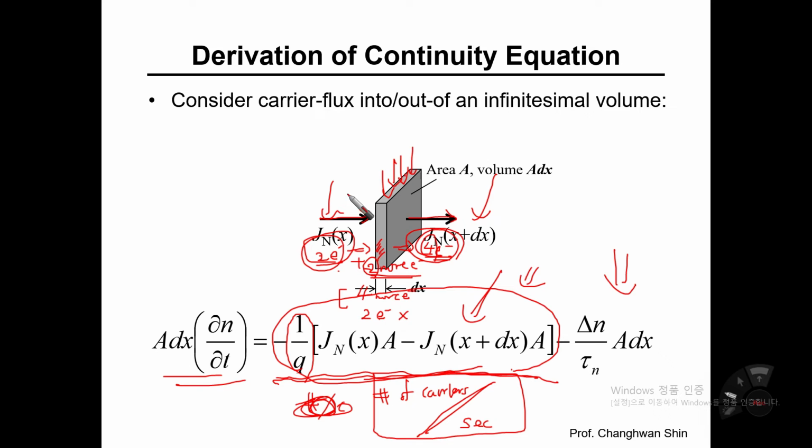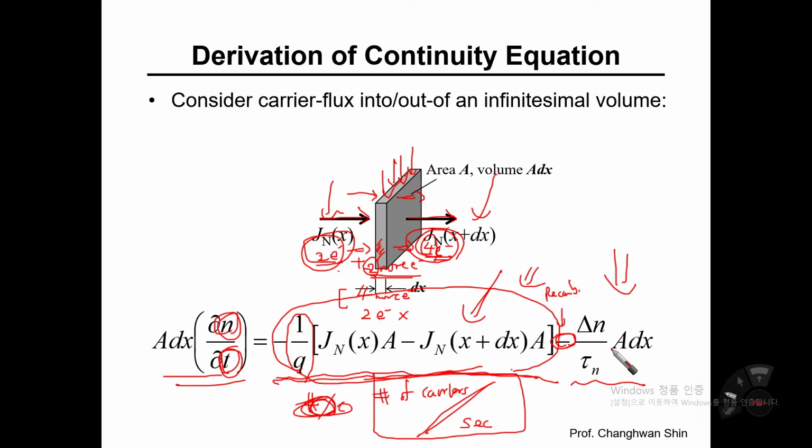A few electrons have been injected within this volume, but part of them have been recombined with holes. So the rest of the electrons have been emitted out. How many electrons are recombined with holes? Here you can see the minus sign. That means the number of electrons per time, every single second, is decreasing. So this minus sign indicates a recombination.